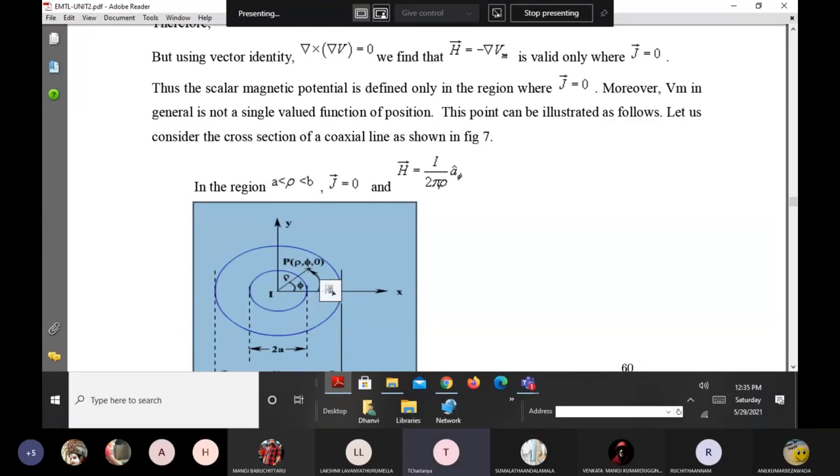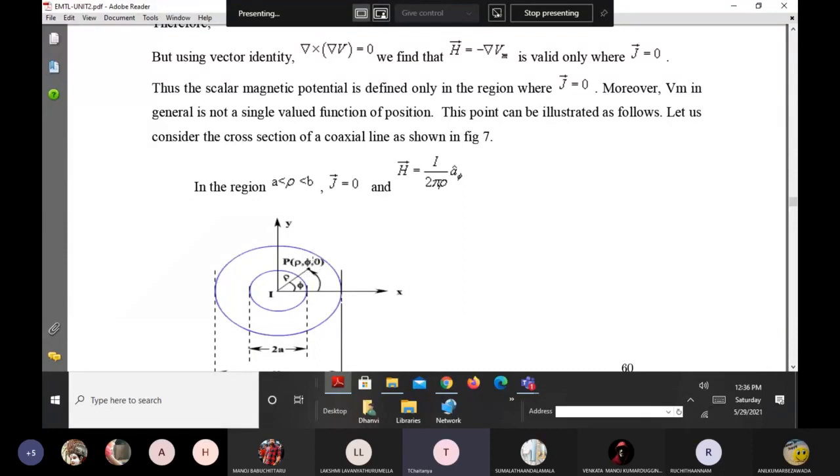The point P is lying between the inner conductor and the outer conductor. The inner conductor radius is a, the outer conductor radius is b, so the rho value can be represented between a and b. Here I want to find the magnetic field intensity.